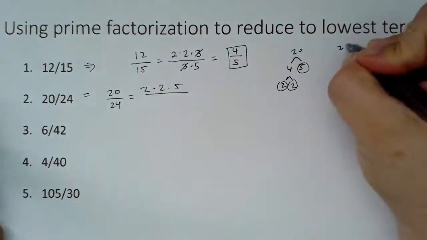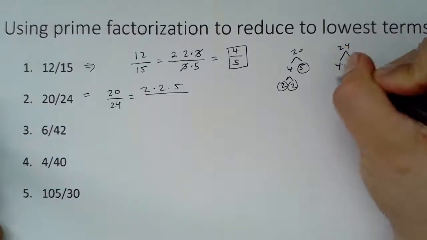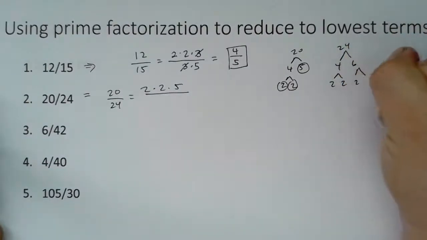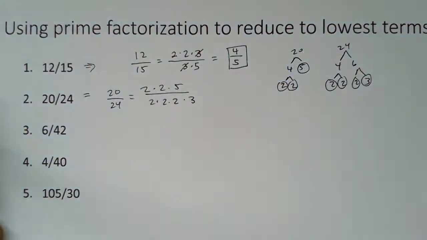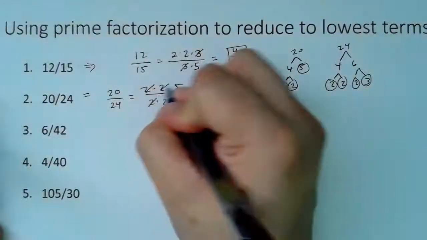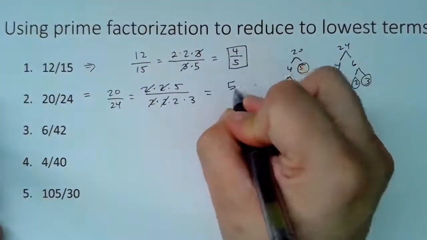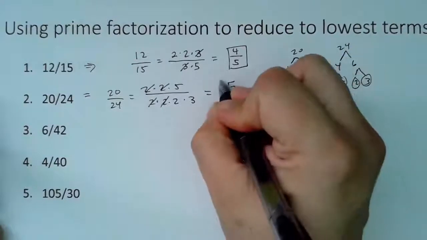And 24 is 4 times 6, so 2 times 2 and then 2 times 3, so it's 2 times 2 times 2 times 3. What cancels are the 2's, and what's left is 5 over 2 times 3, which is 6.